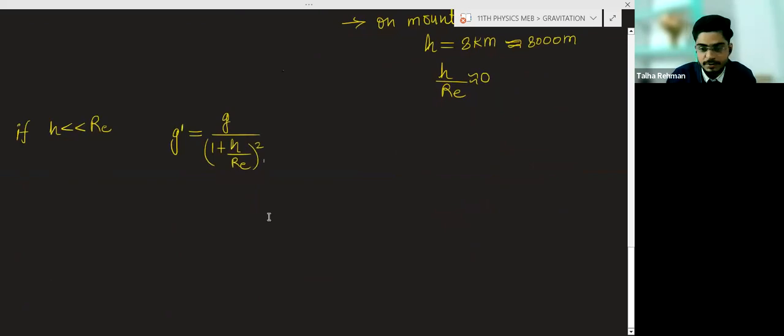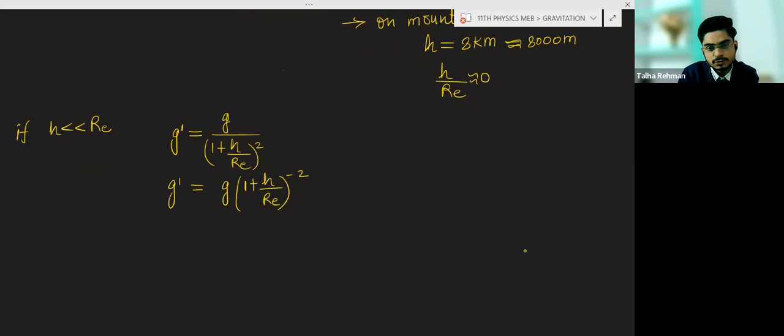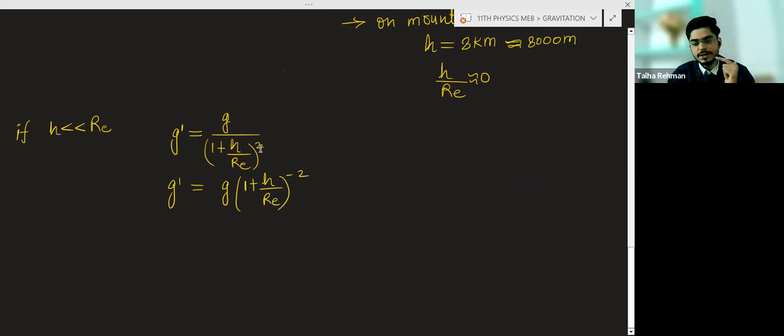Now we will use the concept of maths, that is binomial expansion. So G dash can be written as G times 1 plus H by RE to the power minus 2. In the denominator the power is 2; when it goes to the numerator, the power becomes minus 2.